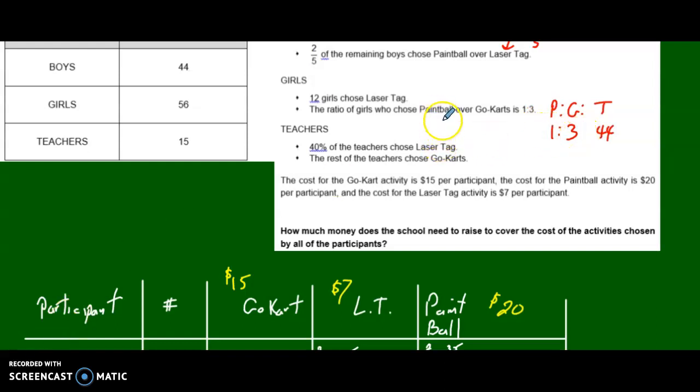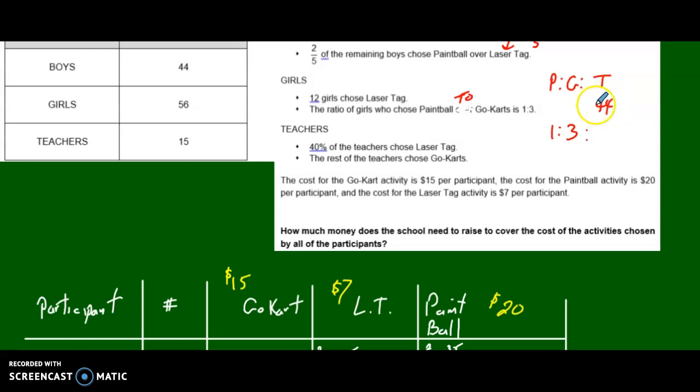So since we have paintball, go-karts in that order, 1 to 3. So maybe this is a bad word. We shouldn't write over. Maybe we should just write paintball to go-karts. Okay, so that's a better word. So it is 1 to 3. So how many girls doing paintball, how many doing go-karts?